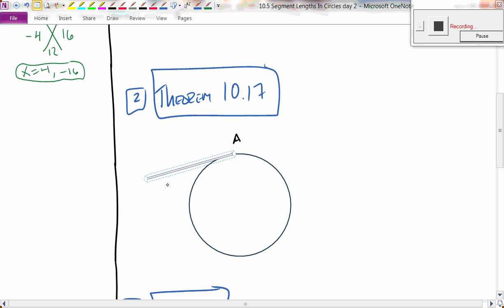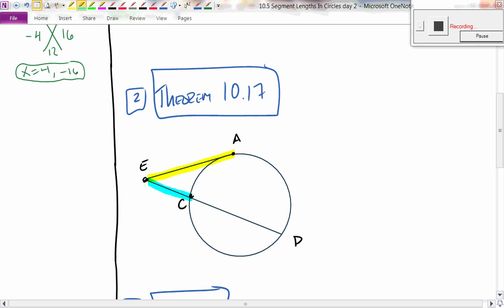Let's put E on the outside, let's put a C here, and let's put a D over here. I'm going to highlight the outside part of both my tangent line and my secant line. So here's the highlighted part, and here's my outside highlighted part.